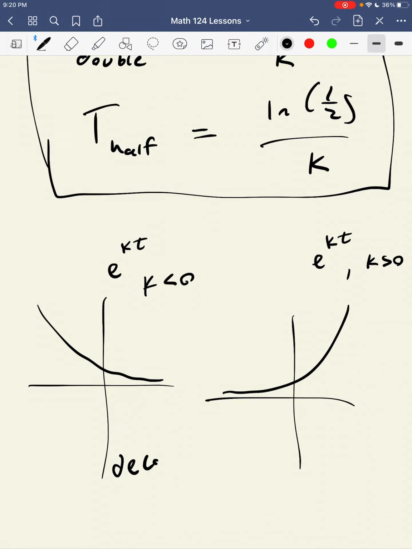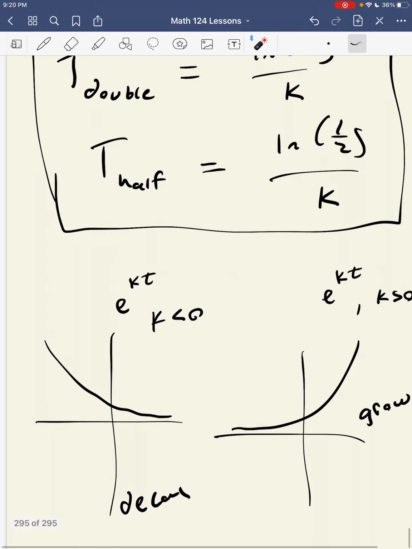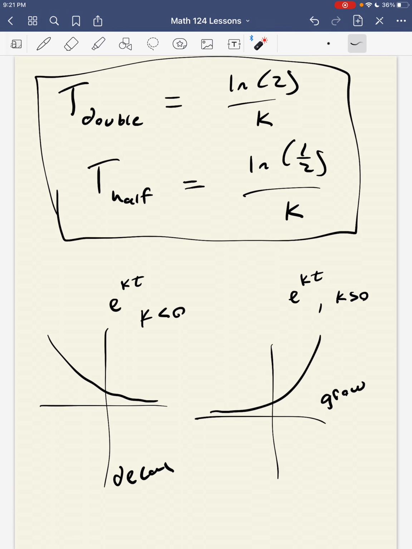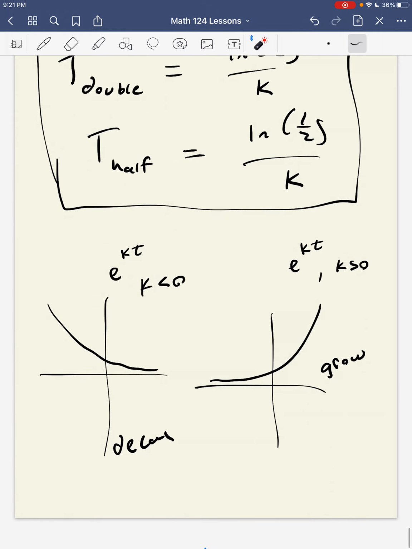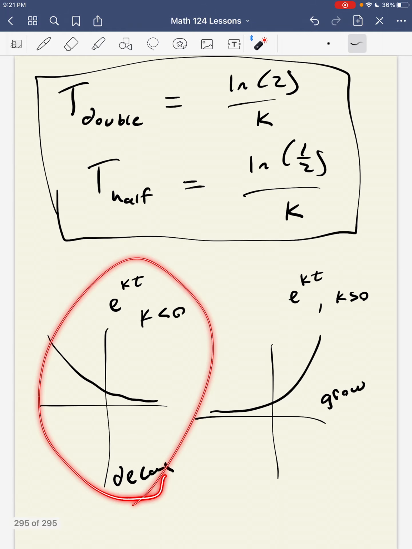So this is decaying, this is growing. Populations grow in this manner, and things that decay exponentially, they decay like that. Things like radioactive substances can decay, for example. You can measure it and work out how old it is using these formulas.